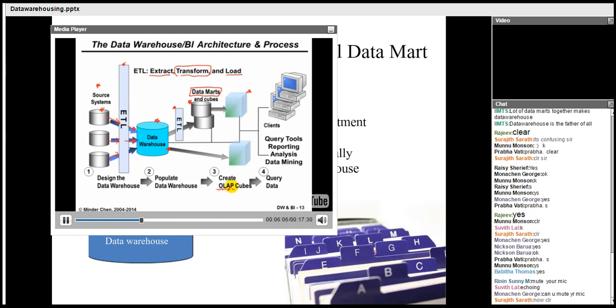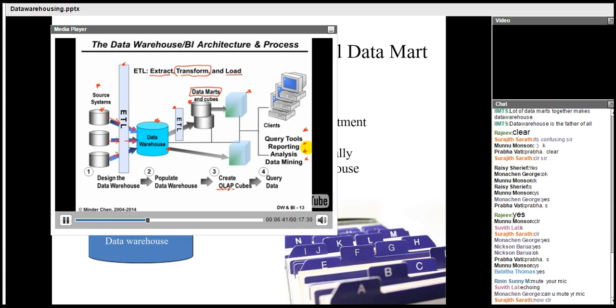The cube is conceptually a multi-dimensional data set that's derived from the data warehouse and which are ready to be used by the front-end tool. The front-end tool includes simple query tool, reporting tool, analytical analysis tool, or even data mining tool. And if you remember when we talk about Excel, we mentioned pivot table.